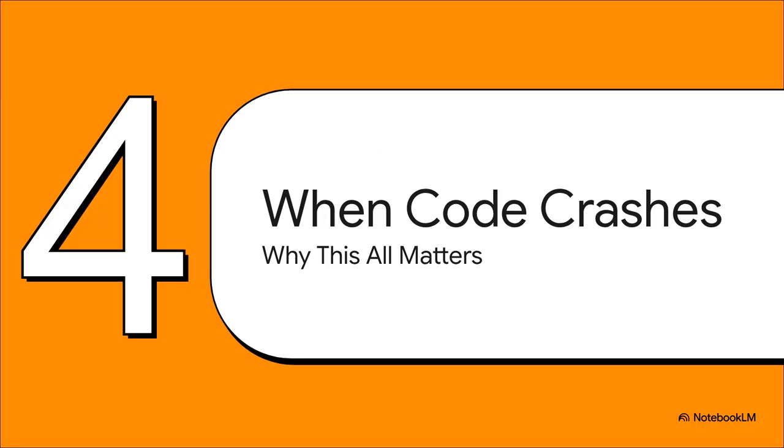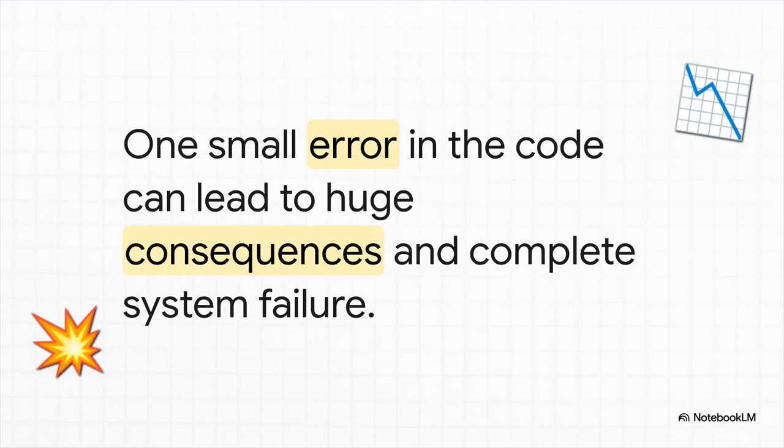Now, this all sounds very neat and tidy, but what happens when something in this microscopic, ridiculously high-speed process goes wrong? Well, the consequences can be massive, and that's exactly why understanding this foundation is so important. I mean, even a single misplaced bit, just one incorrect 1 or 0 in a single instruction, can cascade and snowball into a complete system failure.